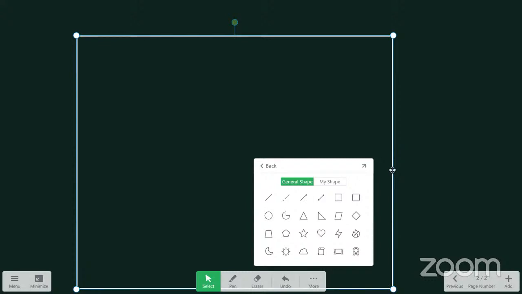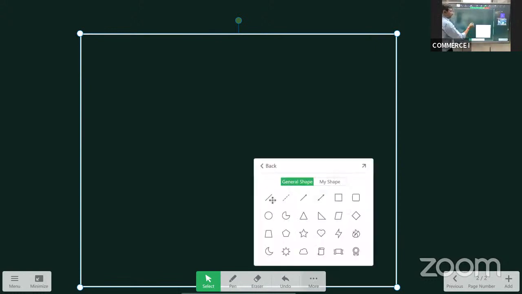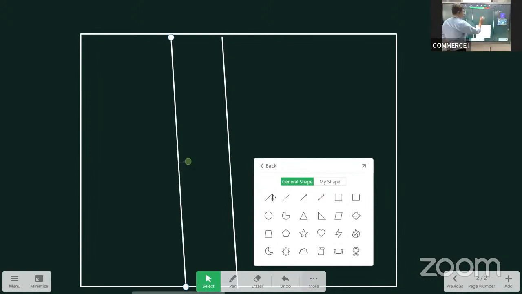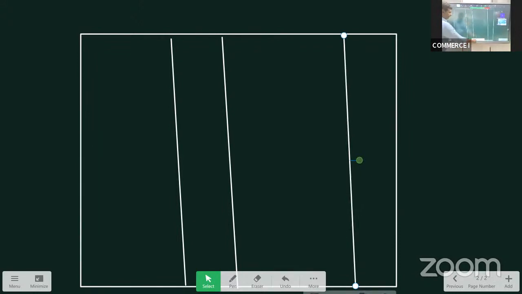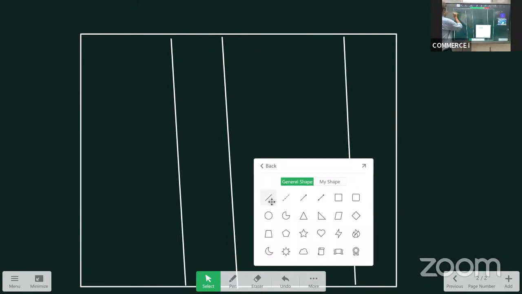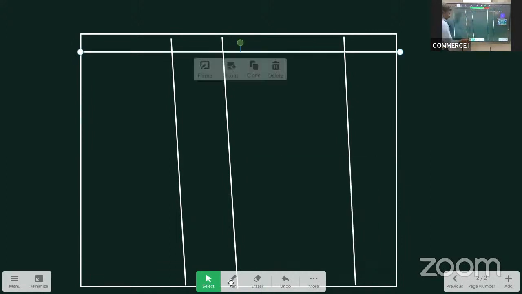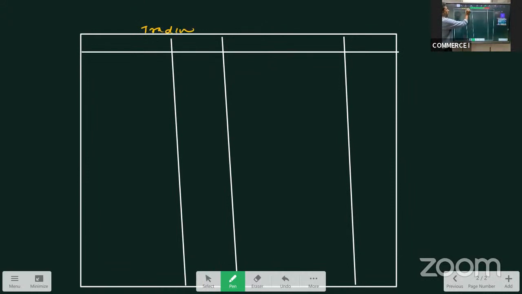Okay. So let us first prepare the format. So this is our trading account.